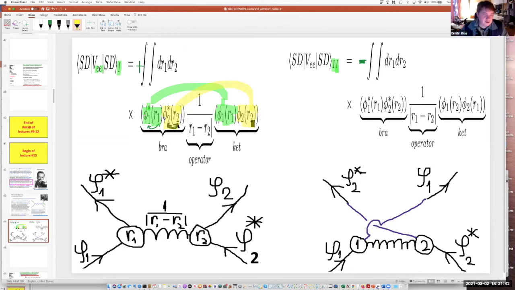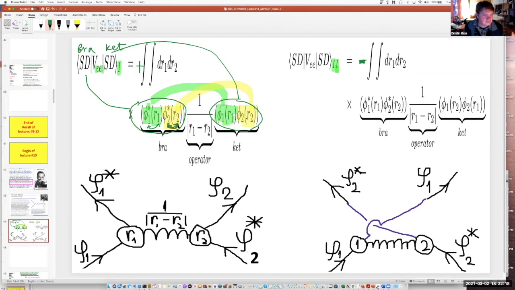So this part originates from the bra, and this part originates from the ket. The part with stars originates from the bra, the part without star originates from the ket. And just by algebra, by opening the brackets for the determinant, we see that the greenish and yellowish things coincide, right?